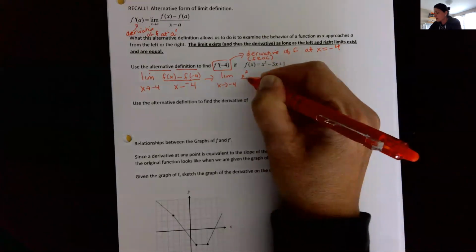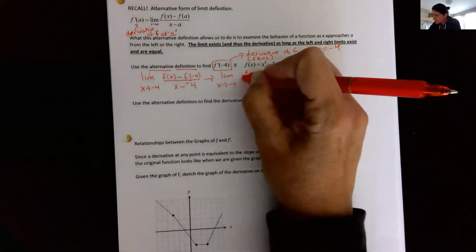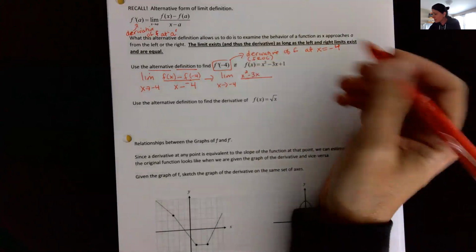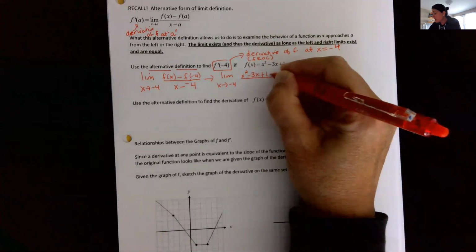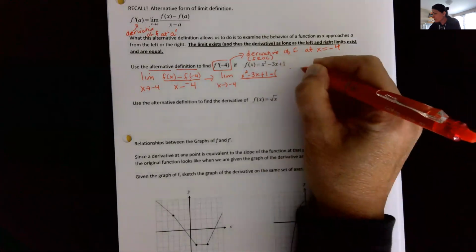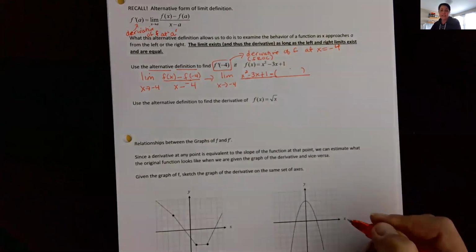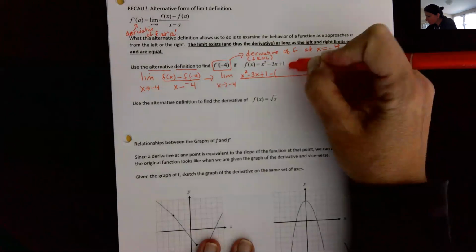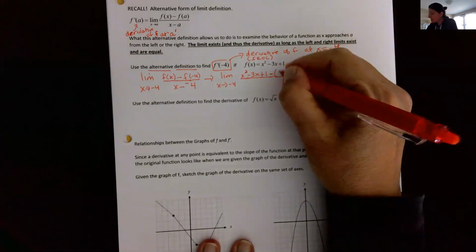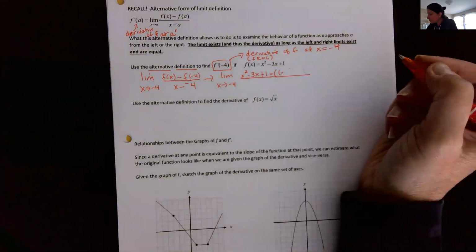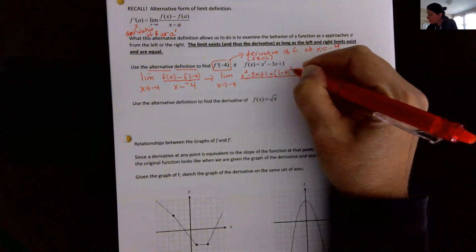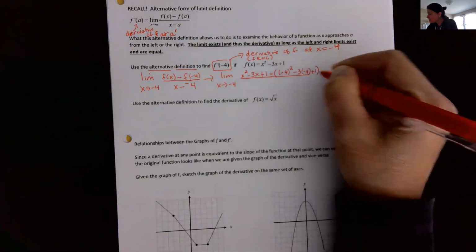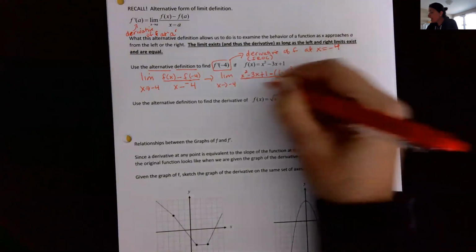So x squared minus 3x plus 1 minus, now I'm going to plug in -4. And I should probably give myself a little more space than that. There's no reason to cram it all in there. Negative, where's my function? Just lost it for a second there. -4 squared minus 3 times -4 plus 1 all over x plus 4.